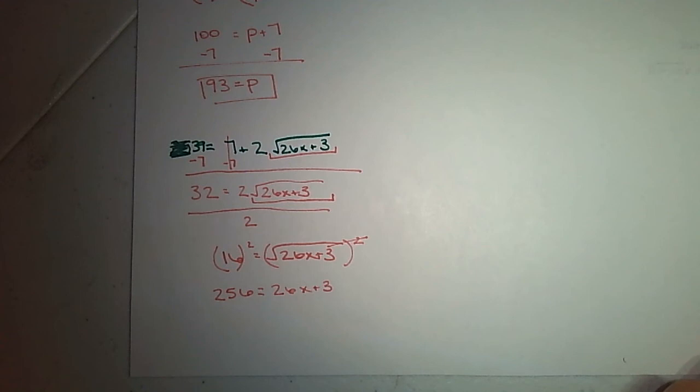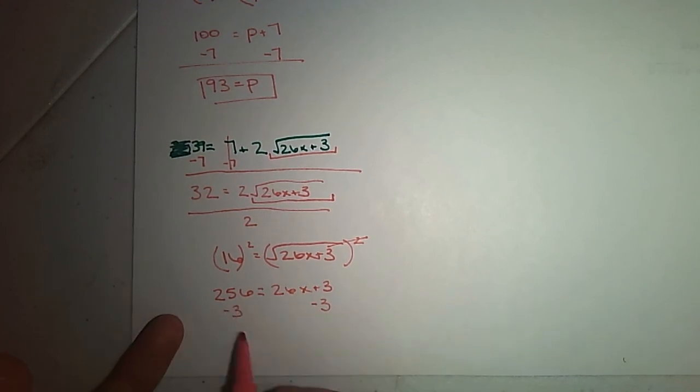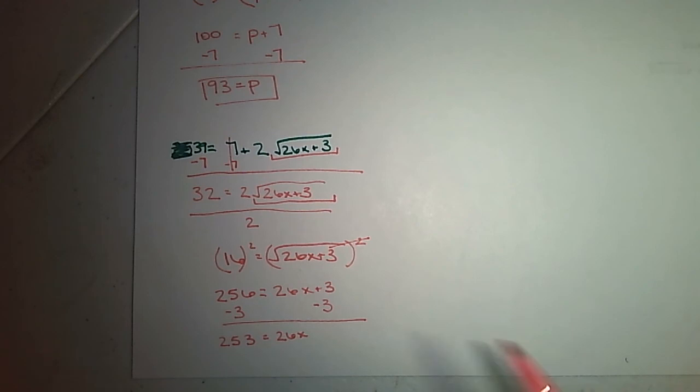And now step 3, we need to solve for x. Right now I'm adding 3 to this side, so I'm going to subtract 3 to move it over. And right now we have 26 times x.